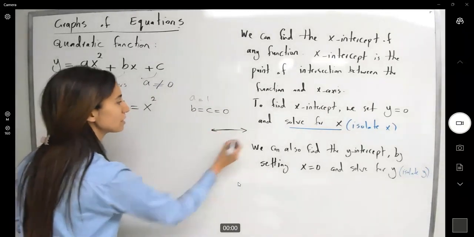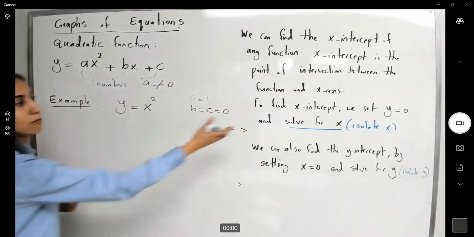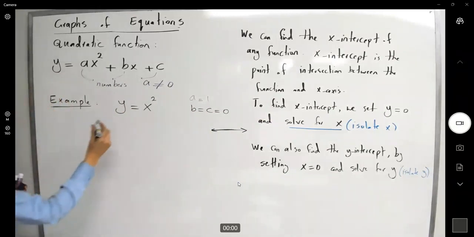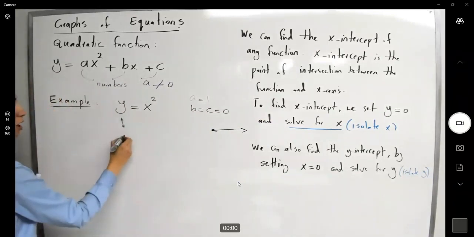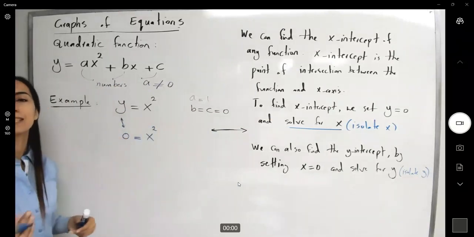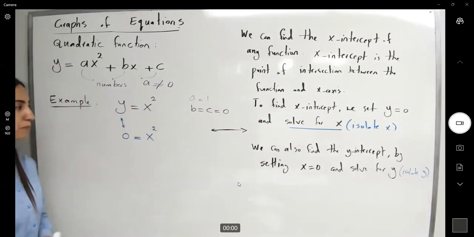To find x-intercept, set y equal to 0. What's the meaning of that? It means that on the left-hand side, my y becomes 0. On the right-hand side, you have x to the second power equal to 0.